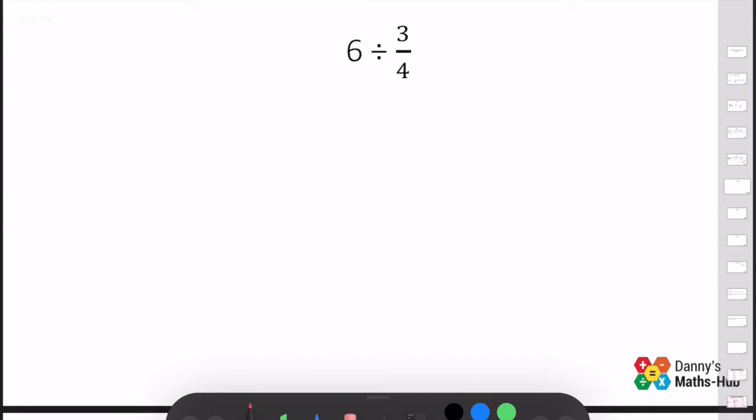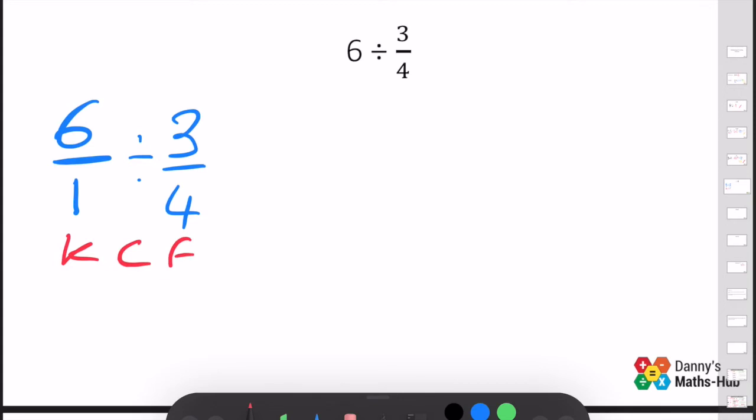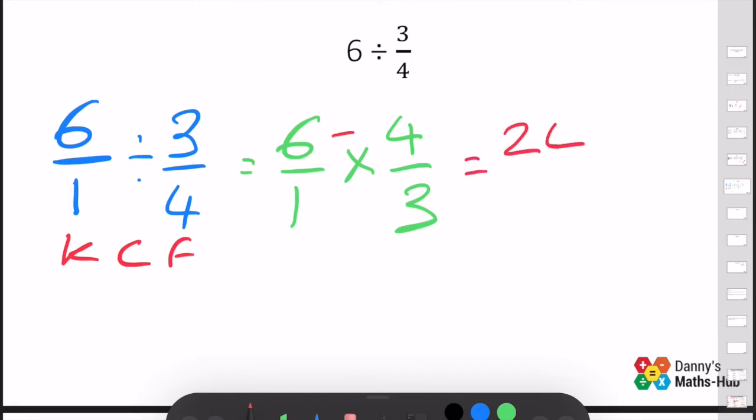6 divided by 3/4. Now to do this, we still need to do the same thing. We need to change our 6 into a fraction, 6 over 1, divided by 3/4. And then we complete our keep, change, flip. 6 over 1 stays the same, divided by, that changes to a times, find the reciprocal of the fraction, 4 over 3, and we complete as normal. 6 times 4 is 24. 1 times 3 is 3.